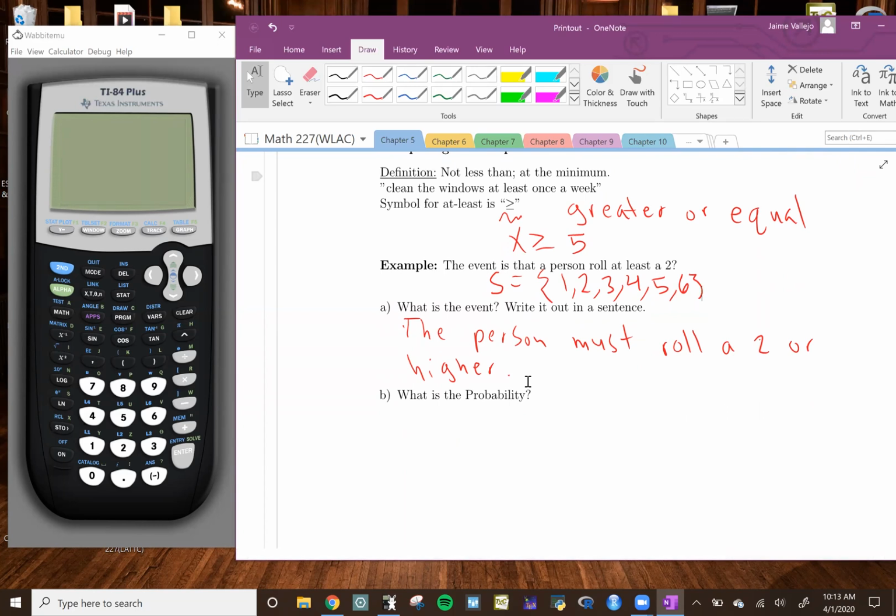We'll call this event A. We want to list all of the outcomes that give us at least a 2. Since the die only has 6 options, we can roll a 2, a 3, a 4, a 5, or a 6.